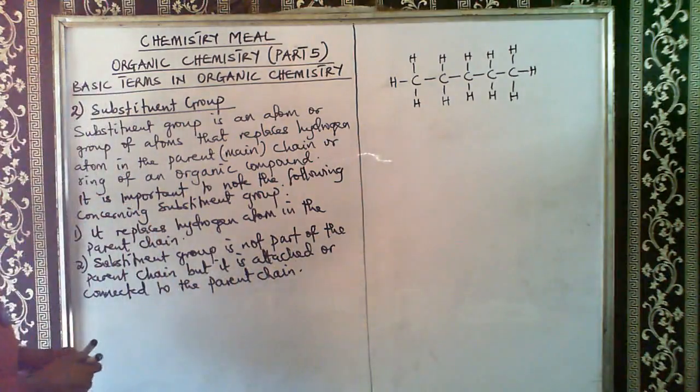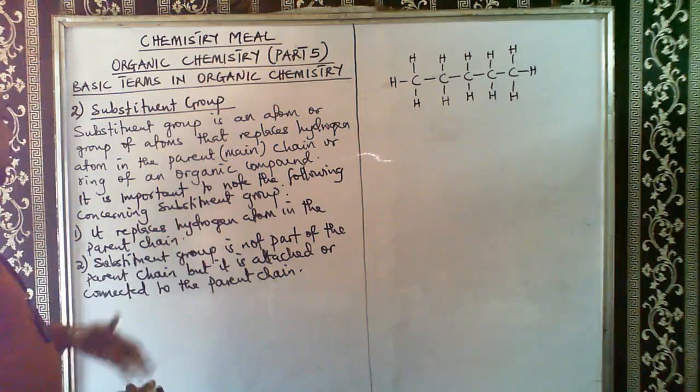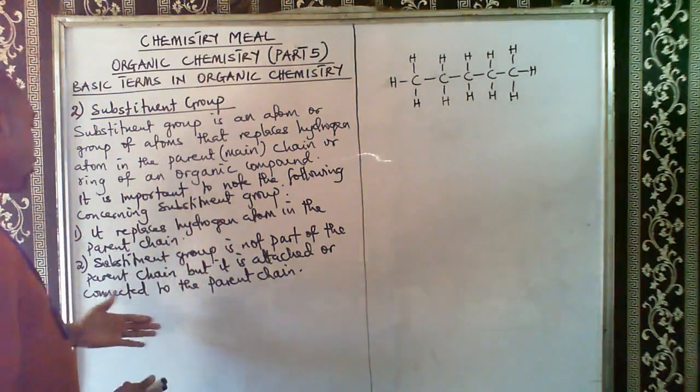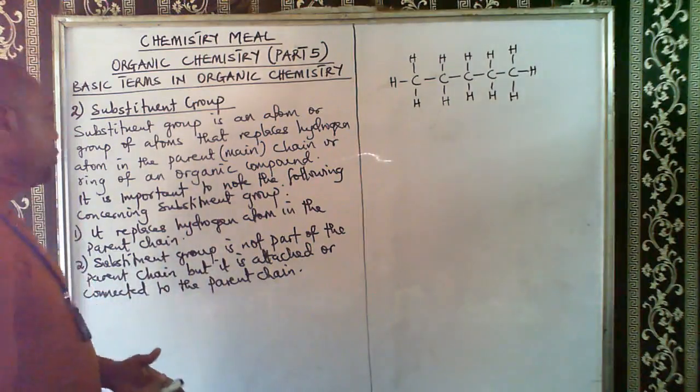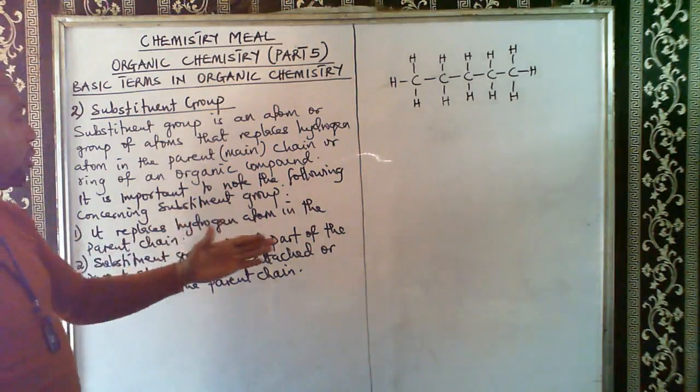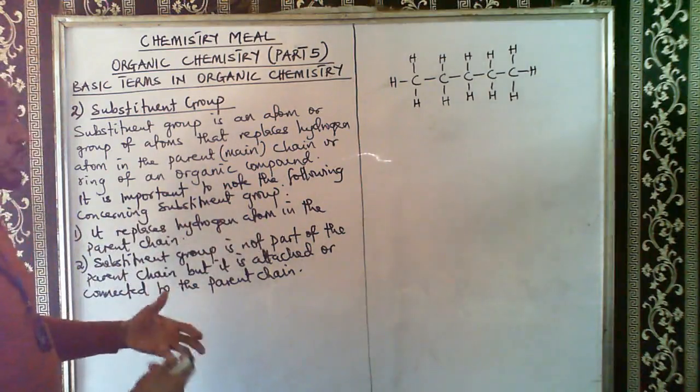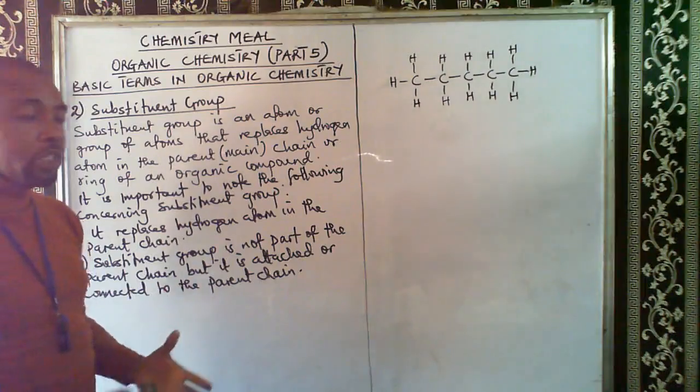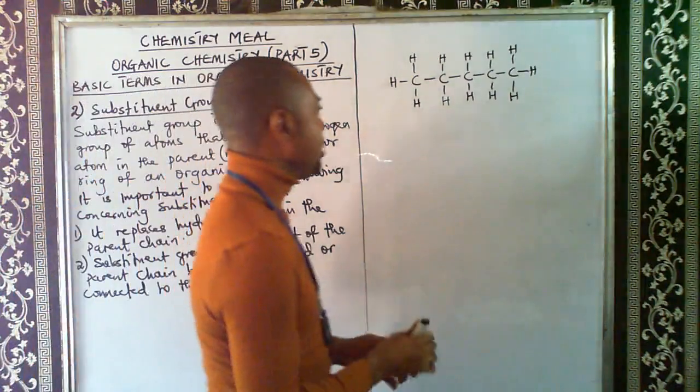We have said it replaces a hydrogen atom in the parent chain. That's one. It is not part of the parent chain, but rather it is attached to the parent chain.